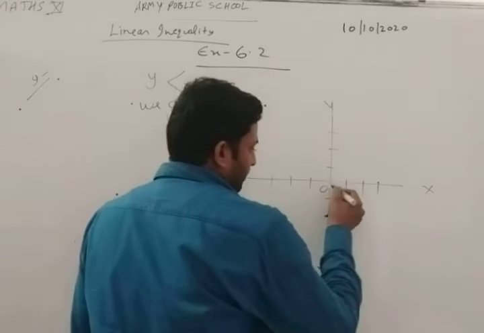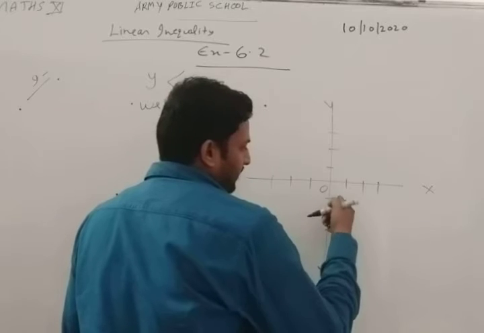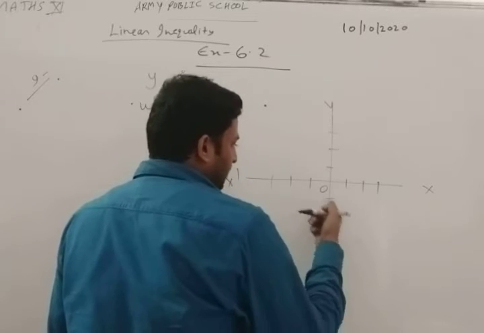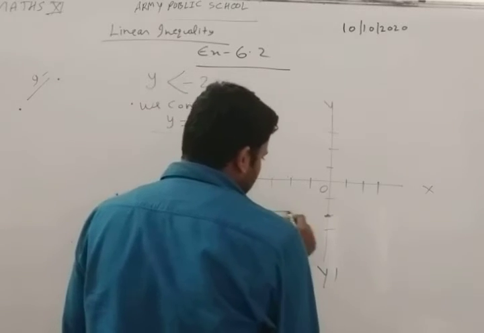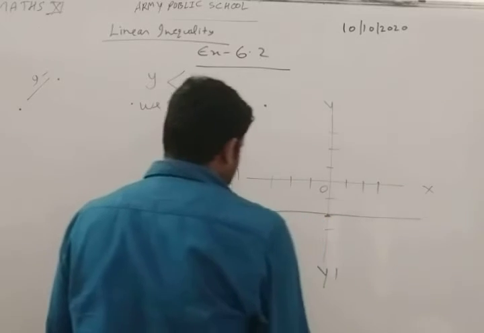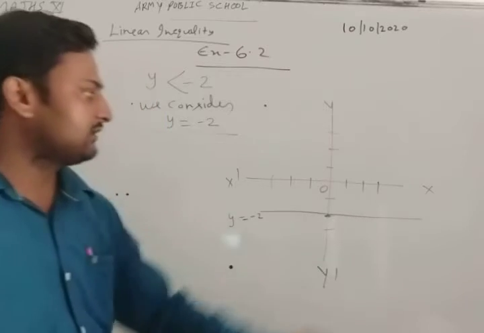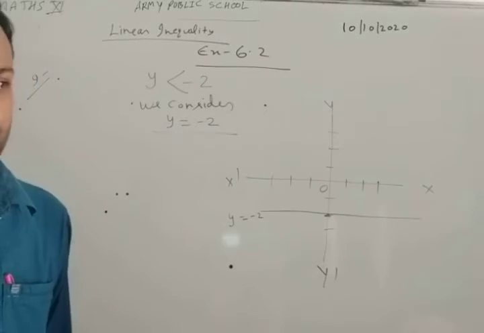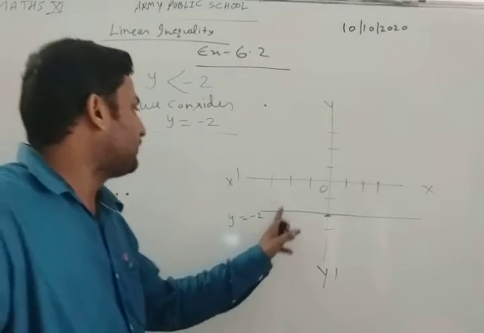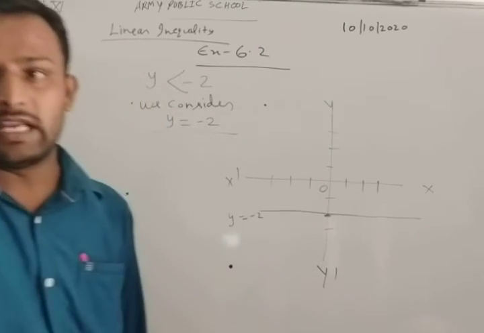So it will be here: minus 1, minus 2, minus 3. So we can draw the line y is equal to minus 2, parallel to the x-axis.